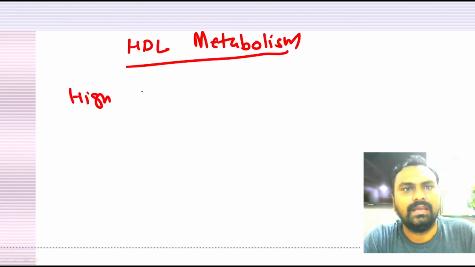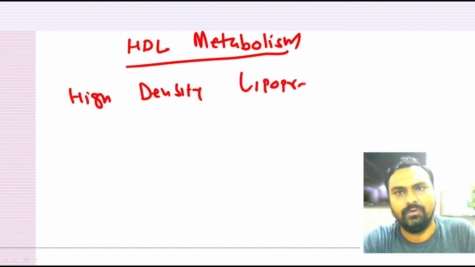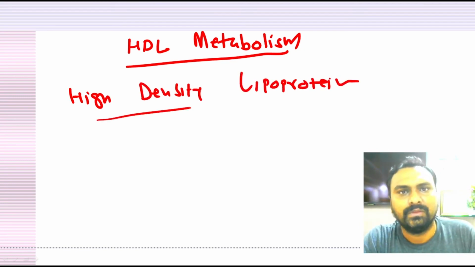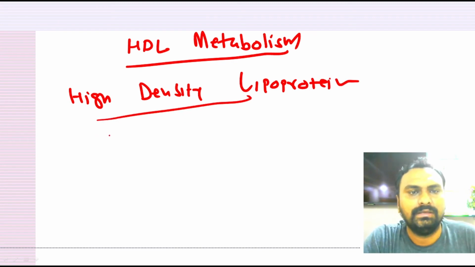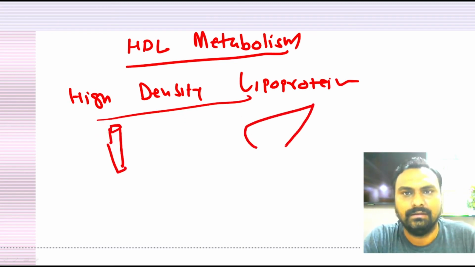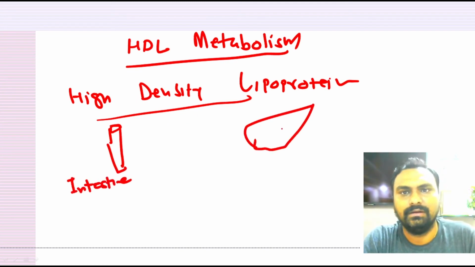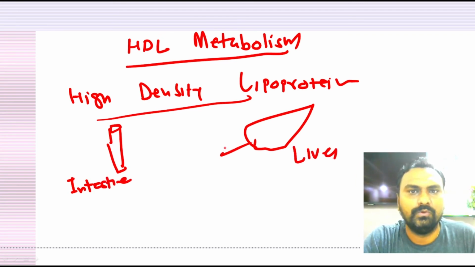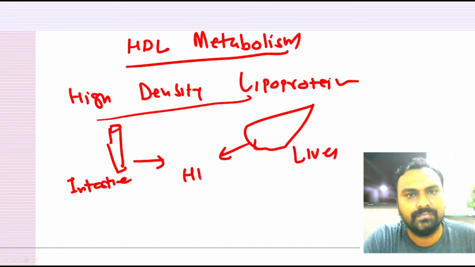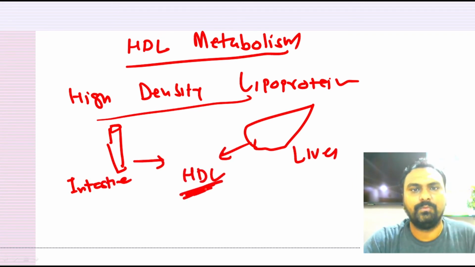High density lipoprotein metabolism. Okay. So here, the intestine and liver both will produce the high density lipoprotein.